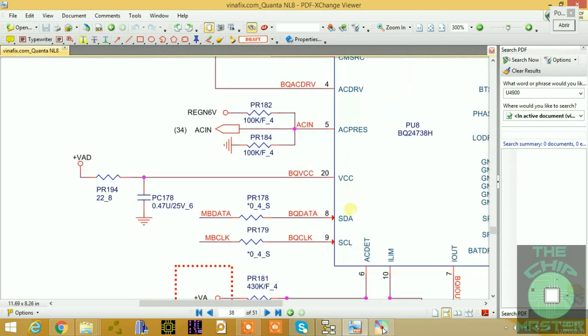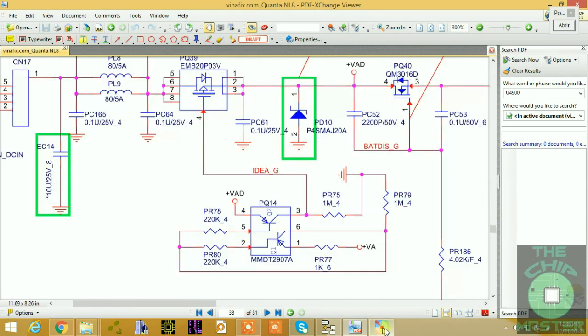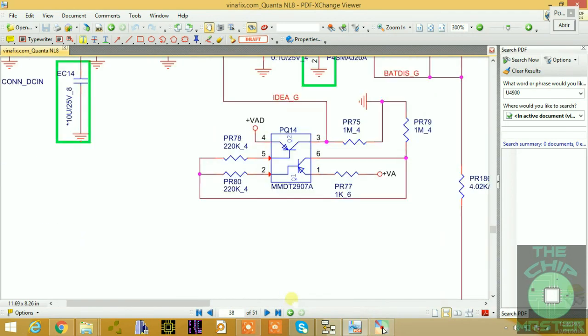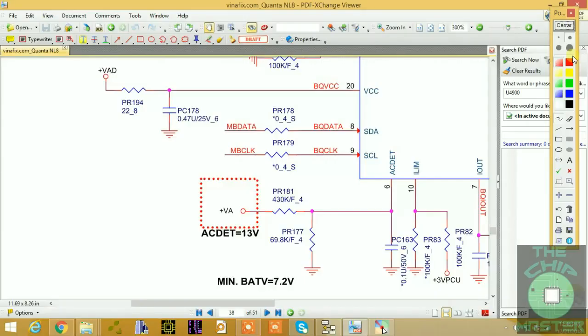At the same time, the adapter detection signal plus VA is coming from here. So this 19 volts is coming through this voltage divider, one 430 kilo ohm and one 69.8 kilo ohm, and it is conducting, and it's coming to pin number 6.